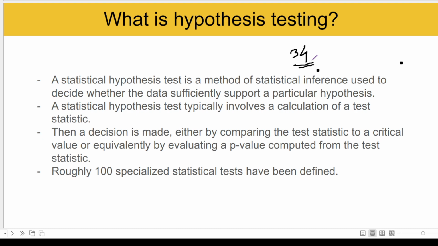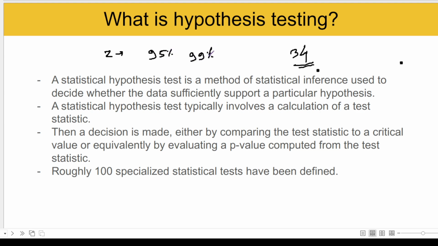A statistical hypothesis test typically involves the following process: the calculation of a test statistic, and once you calculate it, a decision is made, either by comparing the test statistic to a critical value or by using the p value. What is the critical value? Suppose the parameter is z, then we decide some critical value based on our confidence level, whether we want 95%, 99%, or 90% confidence.